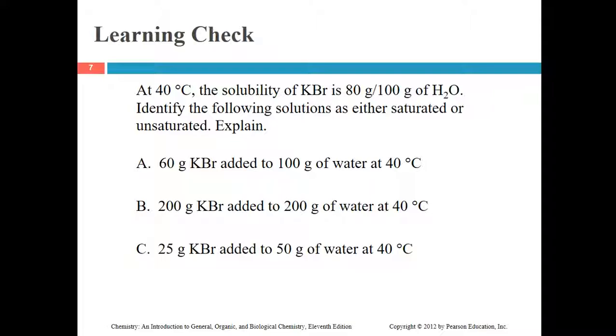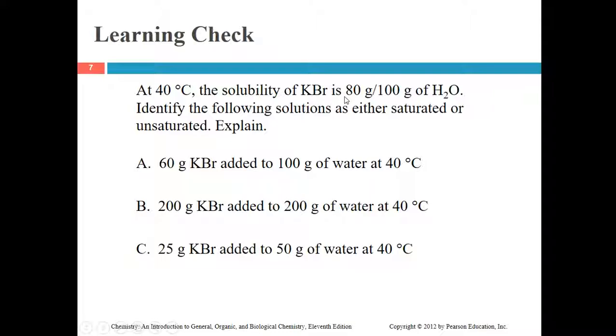All right, so we have this ratio for our solute, KBr, is 80 grams to 100 grams of water. We could think of it as a ratio. We could think of it as, okay, so 80 grams to 100 grams, that's 80%. Different ways that we can look at this. So let's look to see what they give us. On A, 60 grams is added to 100 grams.